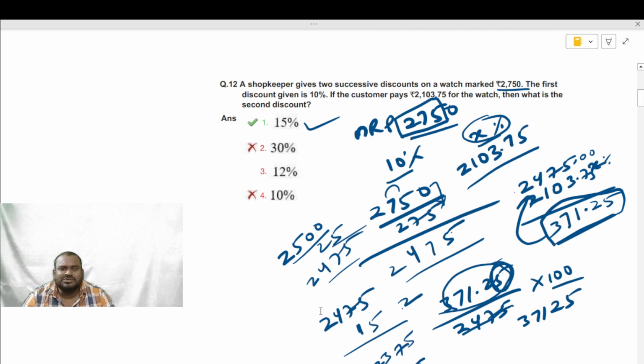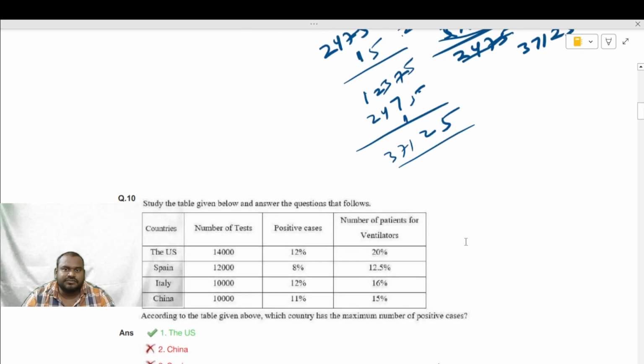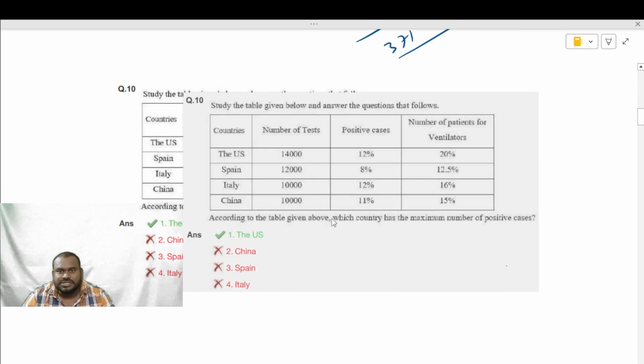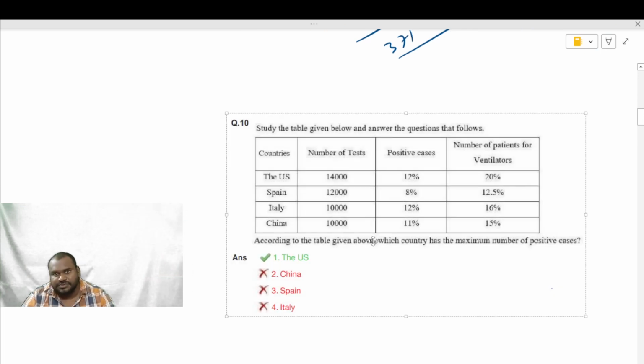What is the need to multiply 2475 with 15? Just verifying the last digit itself, you can identify the answer. Instead of wasting your time, you can keep moving forward to the other questions. Do not waste much time in calculations. You can guess the answer easily. Just go with that method.